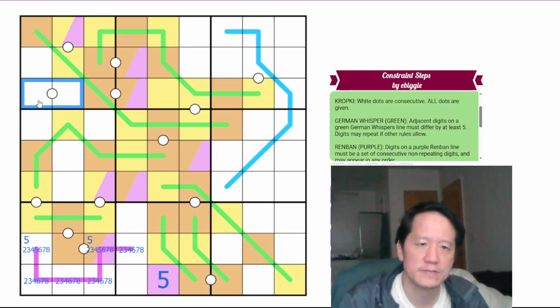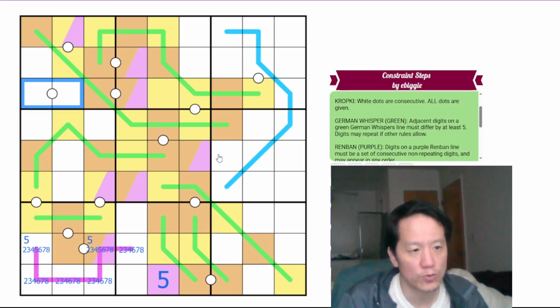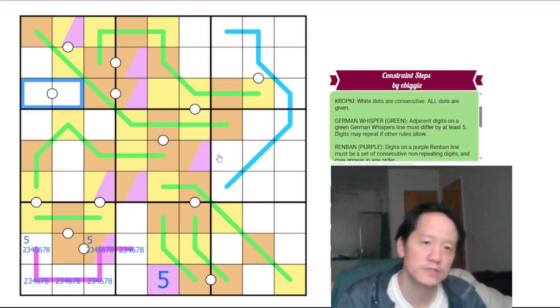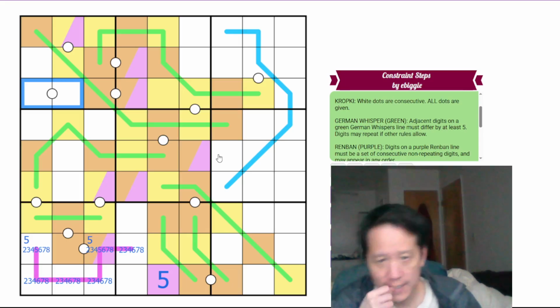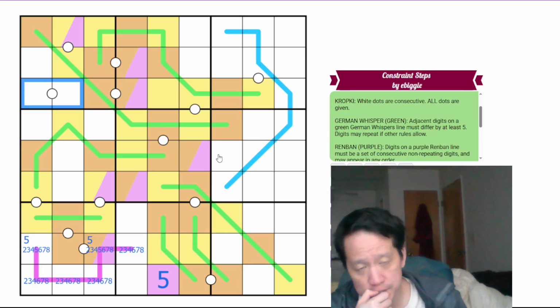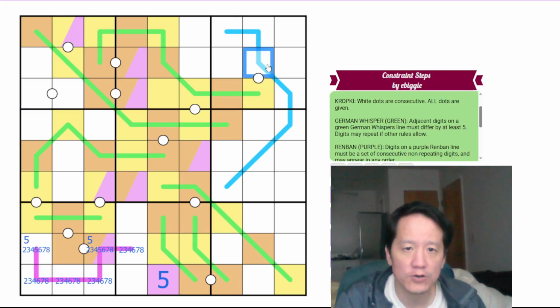But we don't know if it could be a yellow or pink. Or it could be an orange. Or orange and pink. Or two oranges. We just don't know. This is yellow or pink, but we don't know what it is.